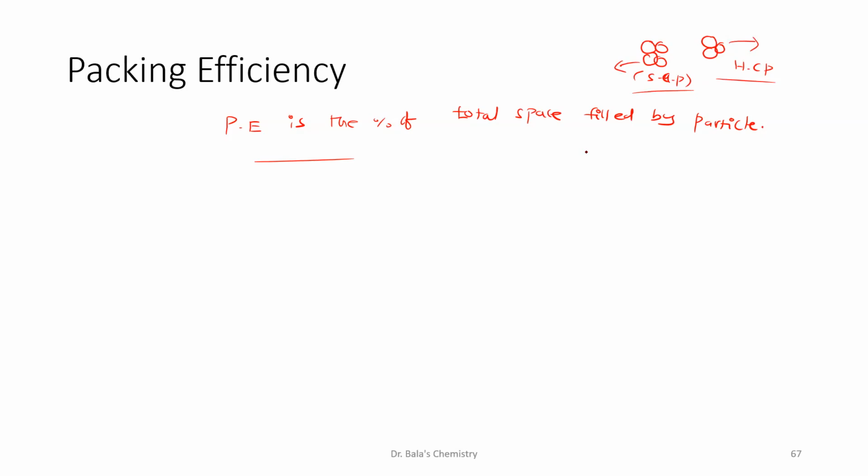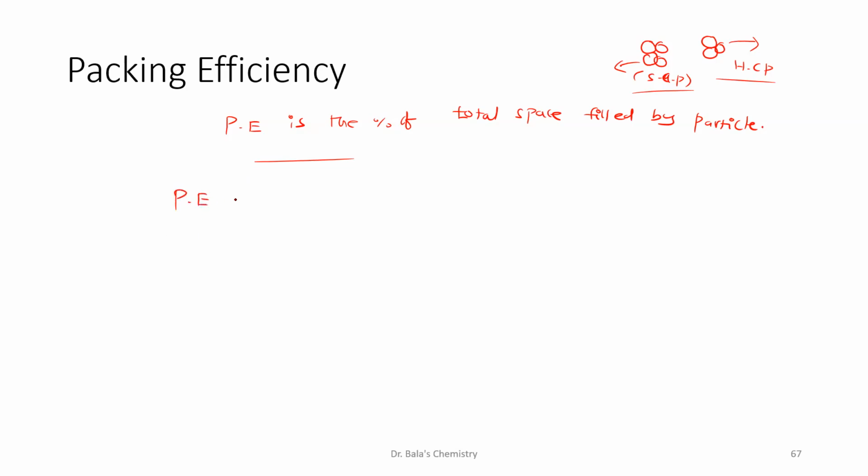That's the difference. But definitely we have empty space. Why? Atoms are considered as spheres here, so definitely the gap should be there. So we have to calculate the percentage of filling of space. That is what packing efficiency is.